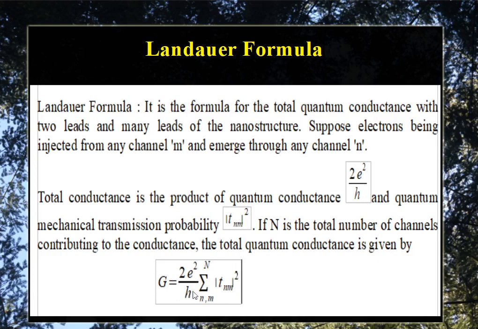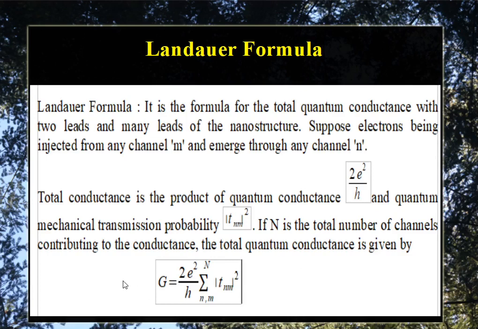If there are n channels, you need to take the summation up to n channels. So T_nm is the quantum mechanical transmission probability. This is the final Landauer equation.